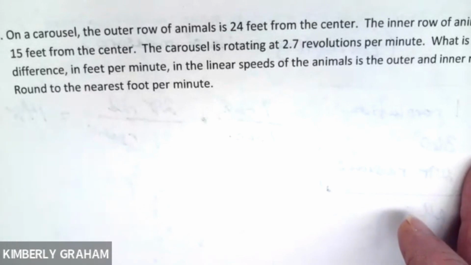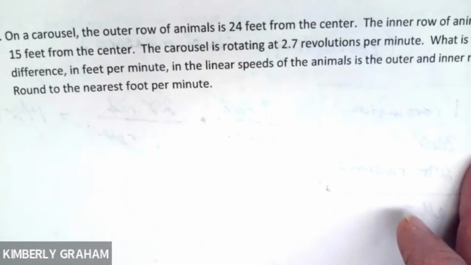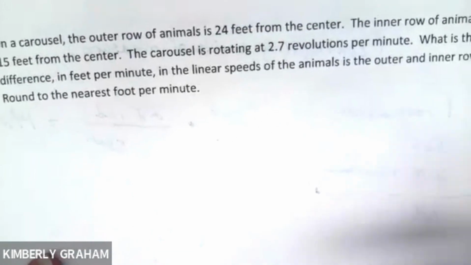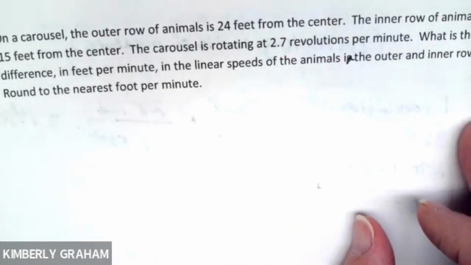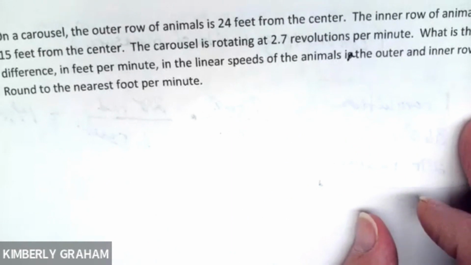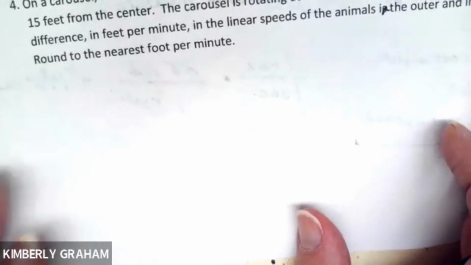Carousel is rotating at 2.7 revolutions per minute. So it's going around almost 3 times a minute. What is the difference in feet per minute in the linear speeds of the animals in the outer and inner rows, rounded to the nearest foot per minute?